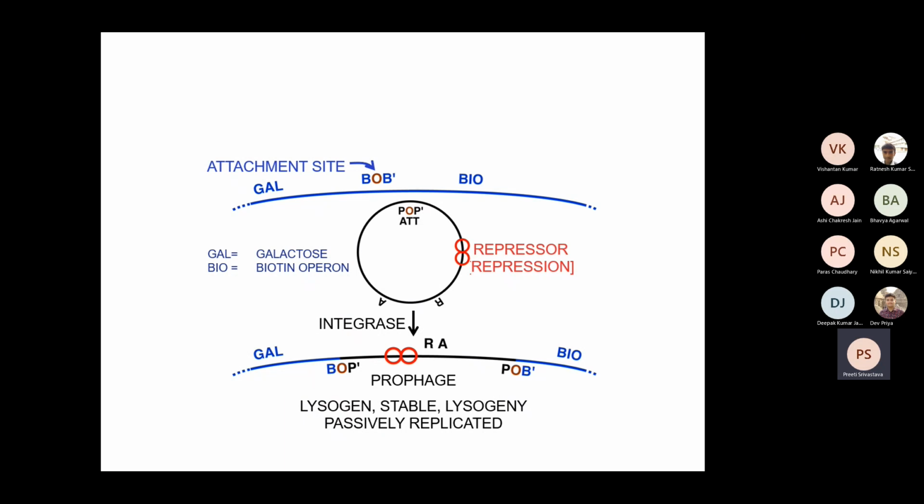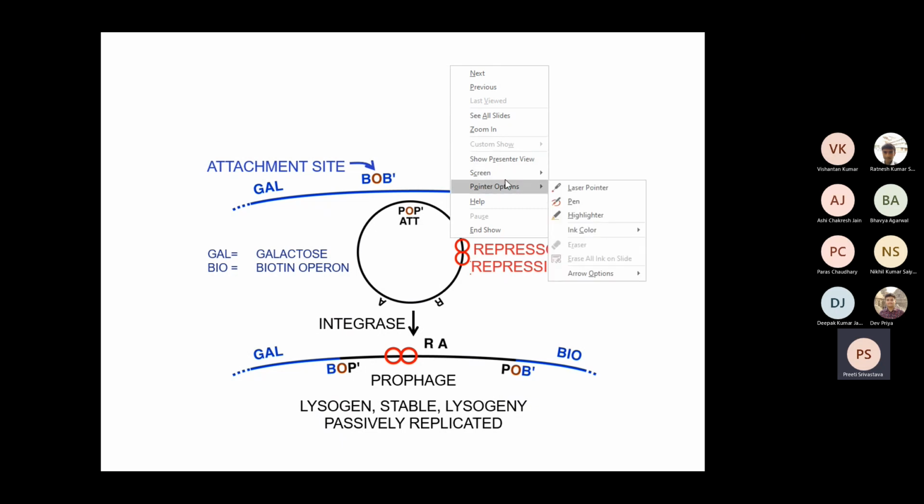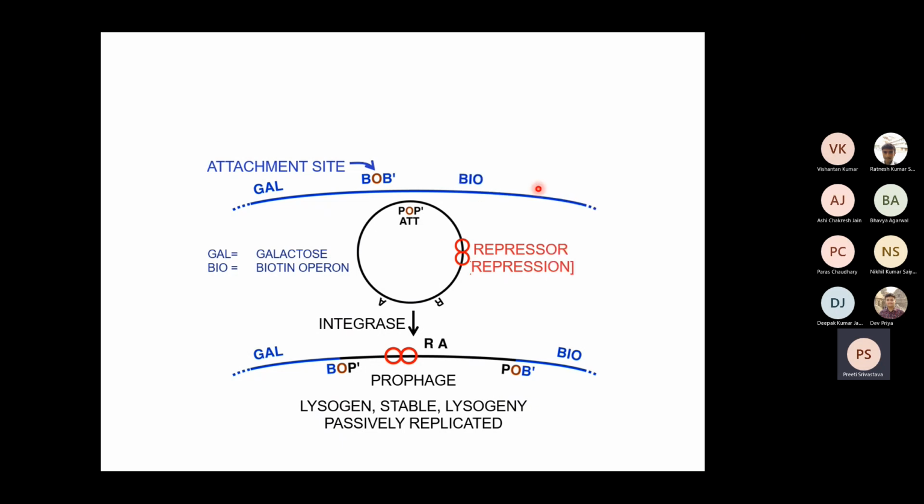So the way the recombination happens, you need to understand carefully. It will go like this: gal, then C, B, and then O is the place where recombination is going to happen. So this O and O will recombine, right?